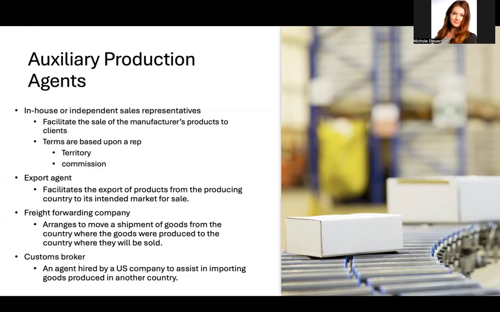These individuals will be hired either to work for the company or they will be contracted for the sale of the line by an independent sales agent. Ultimately, their role is to facilitate the sale of the product to the client, being the retailer.